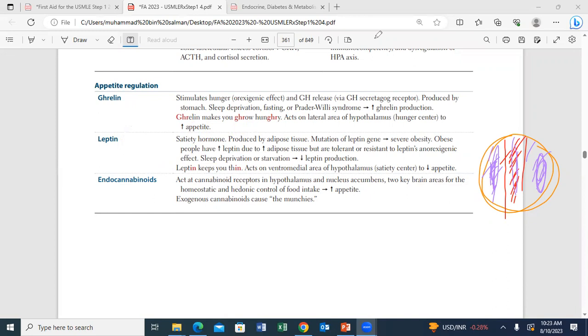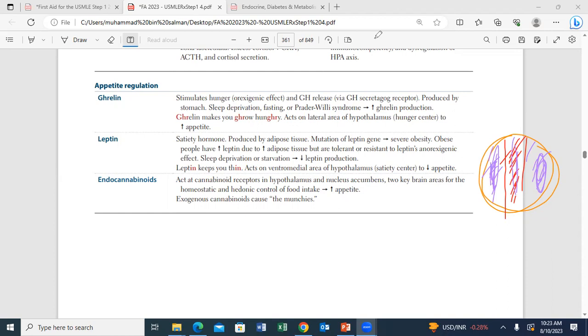The menstrual cycle is disturbed because there is decreased formation of GnRH, gonadotropin releasing hormone, which will lead to decreased FSH, decreased LH, and ultimately issues in the menstrual cycle. All right. I hope that I will discuss this again when we discuss the pathology.